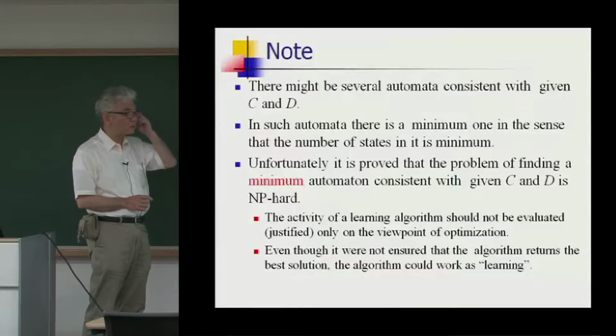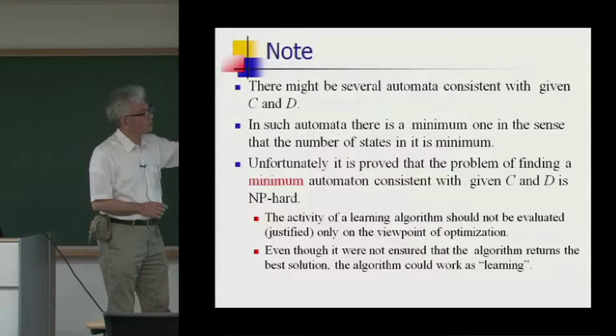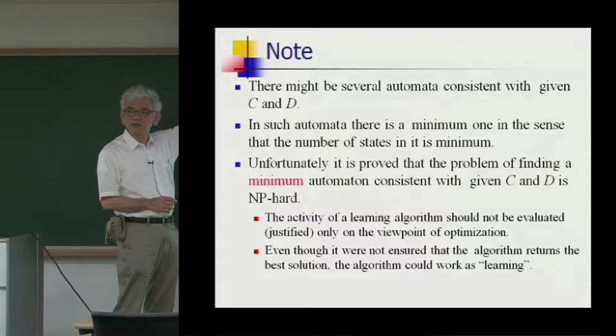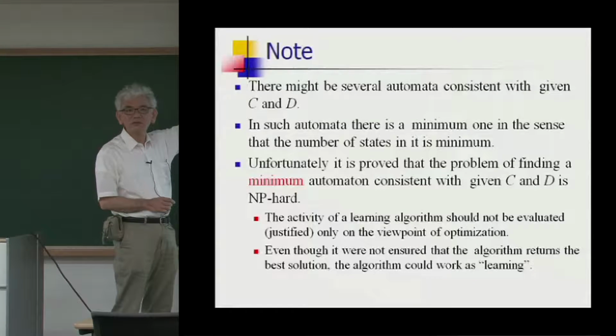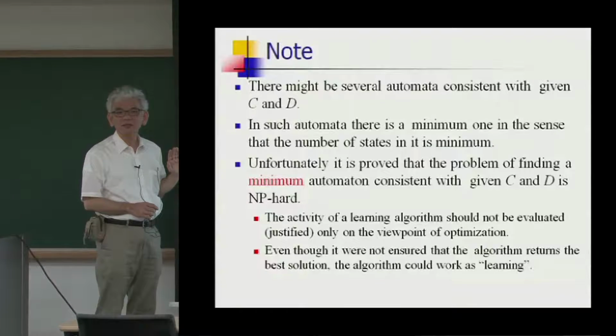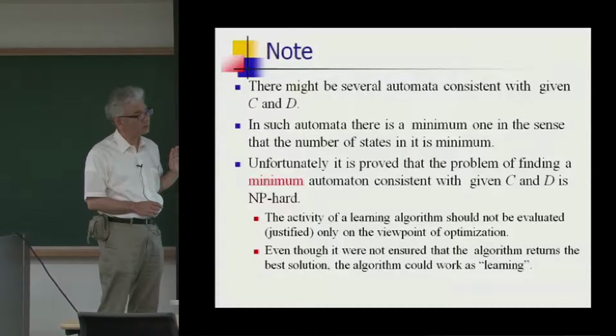So, solving this problem as a combinatorics problem is not a good choice of analysis. This is the analysis completed here. However, we are concerned not with the optimization problem, but with learning.